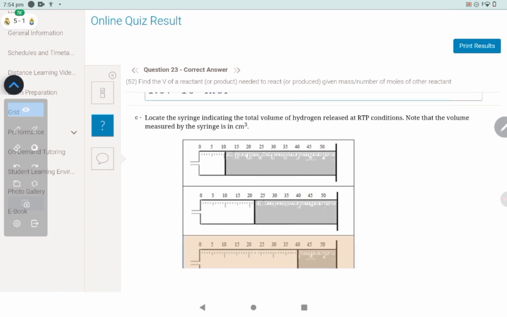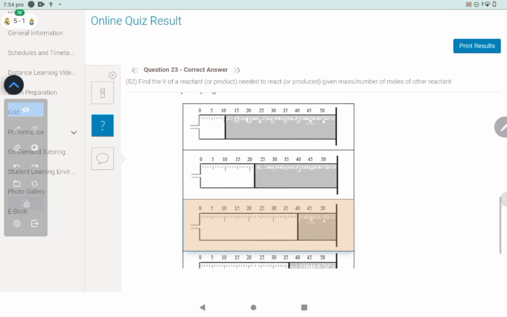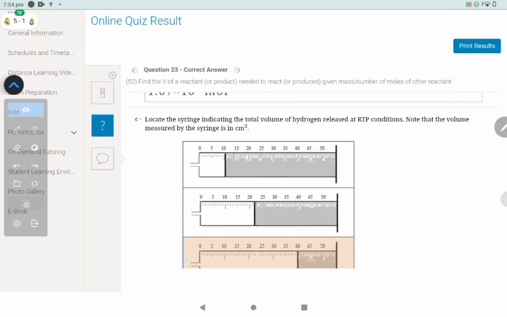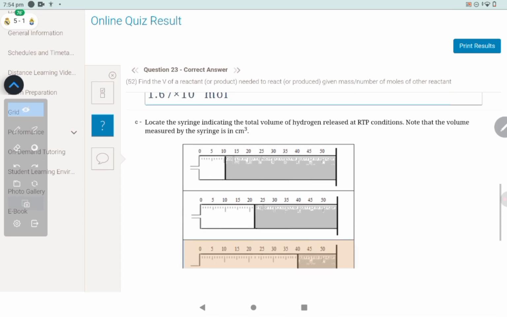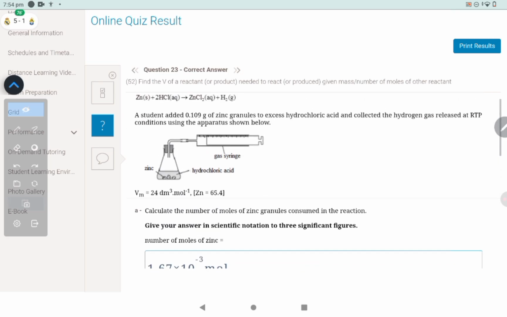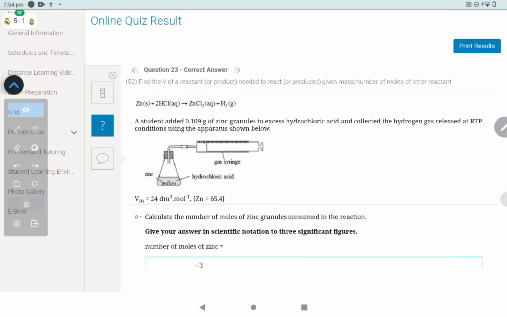Locate the syringe indicating the total volume of hydrogen released at RTP conditions. Here we want the volume of hydrogen gas. At RTP we know it's 24 as given, so we do moles multiplied by the RTP condition to find the volume.